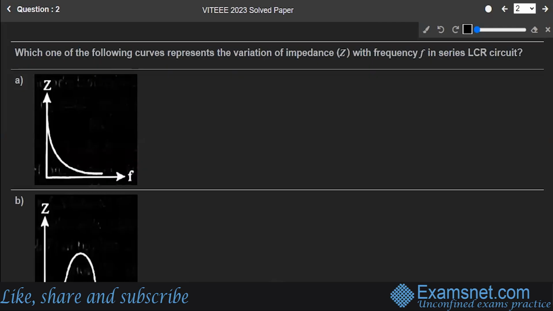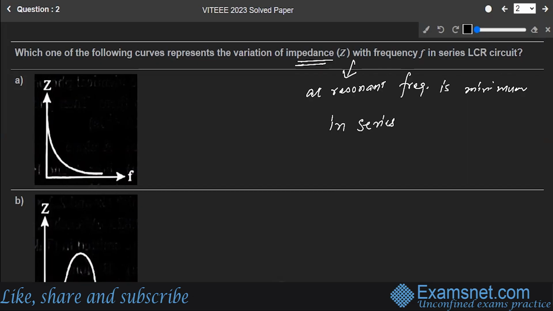Next is question number 2. Which of the following curves represents variation of impedance with frequency f in series LCR circuit? Impedance at resonant frequency is minimum in series LCR circuit.